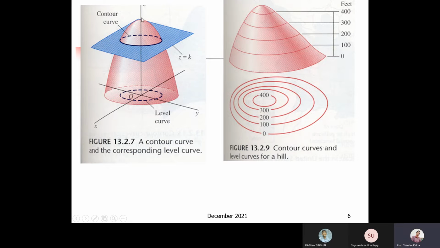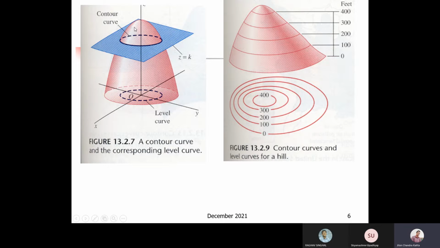Suppose the value of z at this particular point is c. So obviously the equation of this paraboloid is going to be c minus x squared minus y squared.